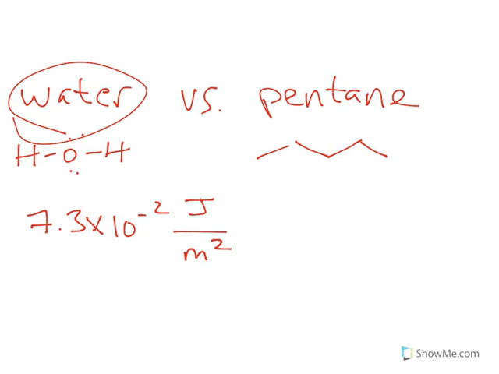And to give you an idea, pentane is considerably weaker at 1.6 times 10 to the minus 2 joules per square meter. All right, so quite a significant difference in surface tension between water and pentane. So if you were trying to float a paper clip on liquid pentane, you would probably have a very difficult time doing it. All right.